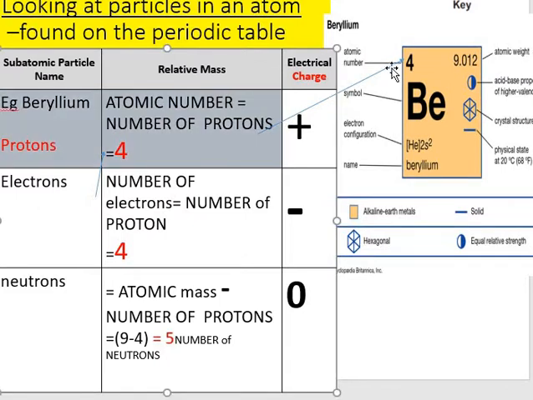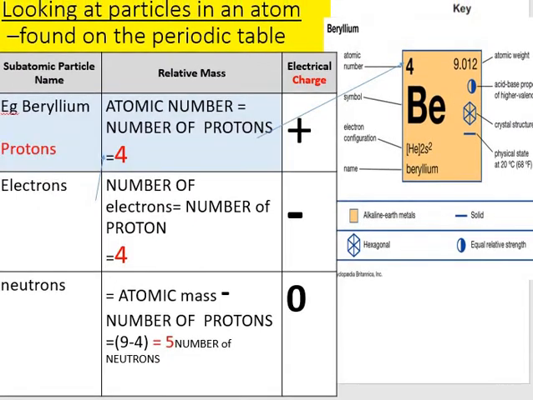And in beryllium, for example, now we see that there are 4 protons. If there are 4 protons, then there are the same amount of electrons, which are negatively charged. So the protons and the electrons have the same number.